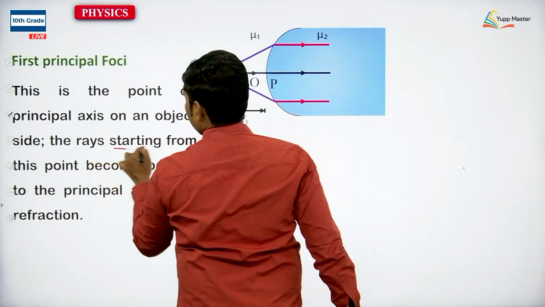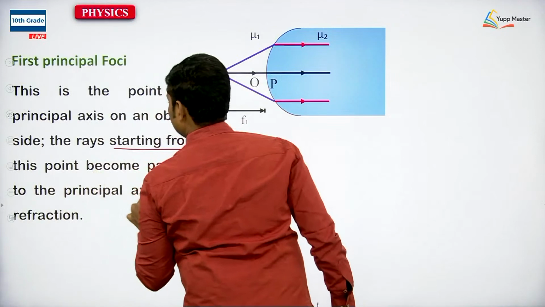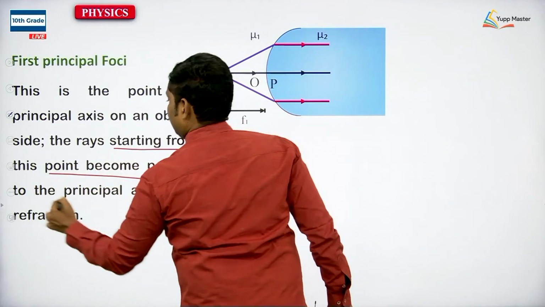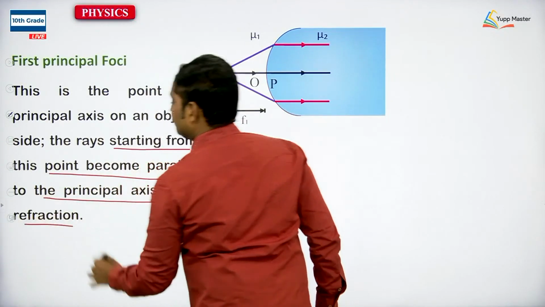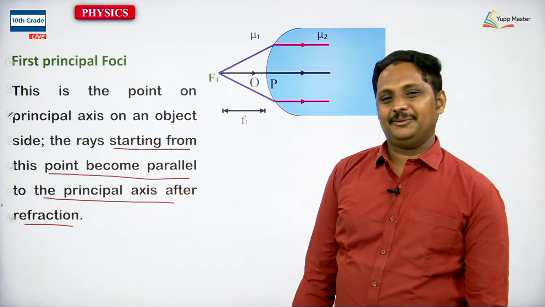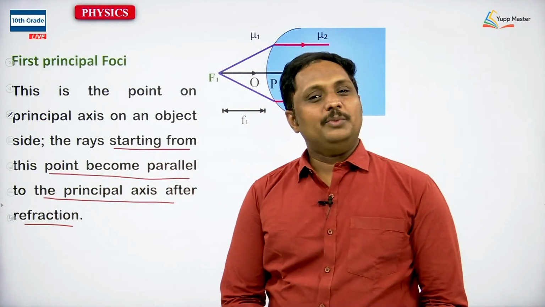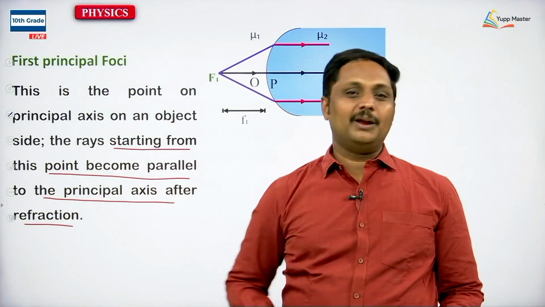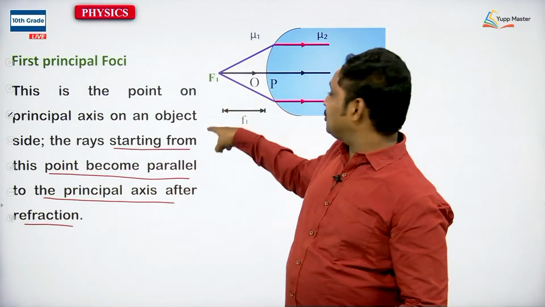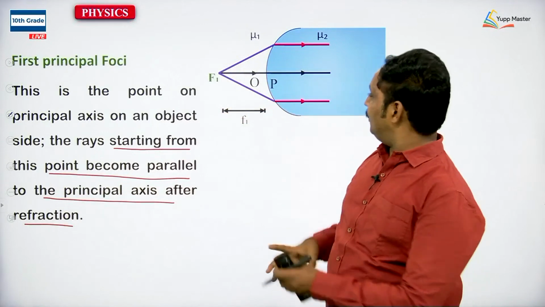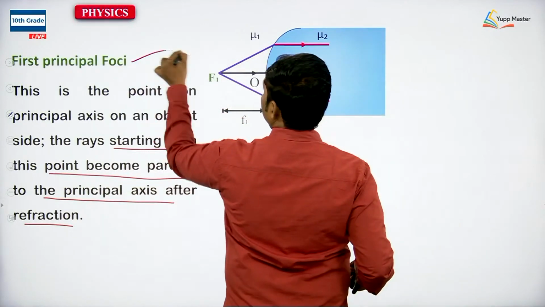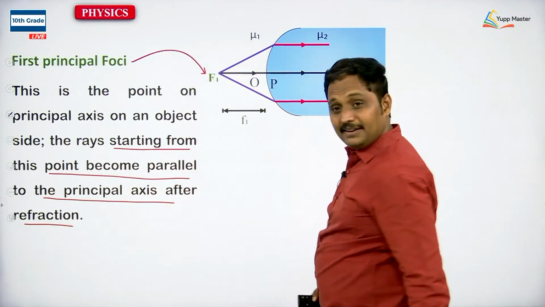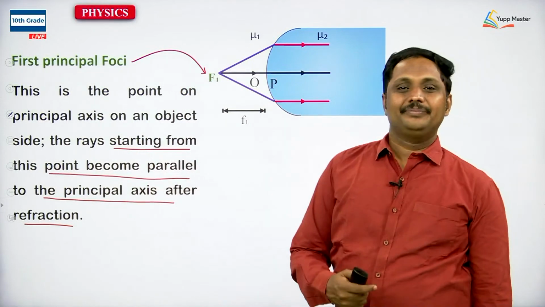The rays starting from this point become parallel to the principal axis after refraction. They originate from that point F1.